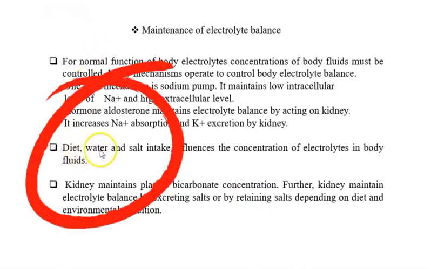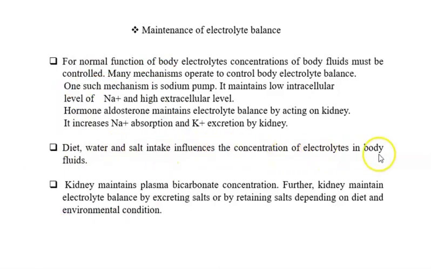Also, diet, water and salt intake influence the concentration of electrolyte in the body. What you eat and the water you take, the food you are eating and the water also contain electrolyte. So it also helps to regulate concentration of electrolyte in the body. And then the kidney maintains plasma bicarbonate concentrations.